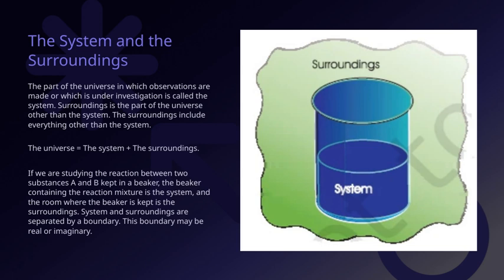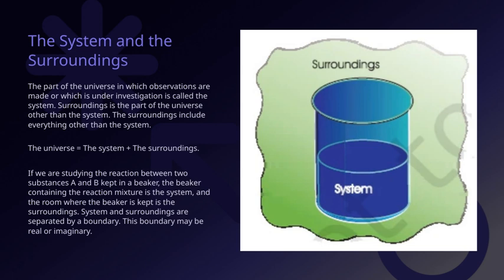The boundary between the system and the surroundings can be real, like the walls of the beaker, or imaginary, such as a conceptual line drawn around the reaction mixture. When we talk about the universe in this context, it's made up of both the system and the surroundings combined. So, to clarify, the system is the specific part of the universe we're studying or observing, while the surroundings are everything else around it.